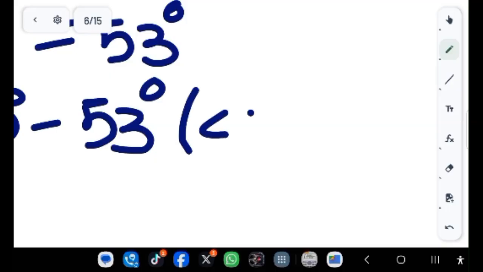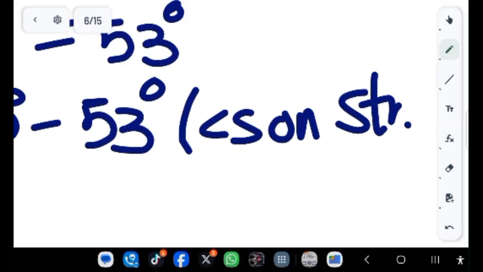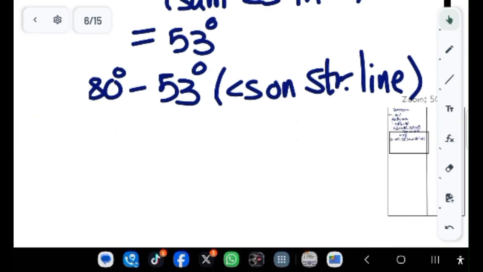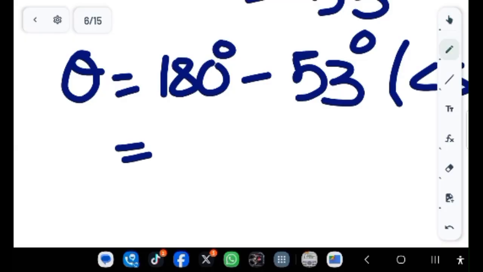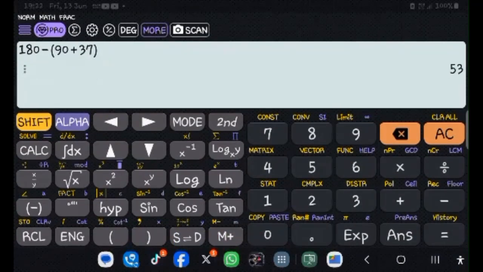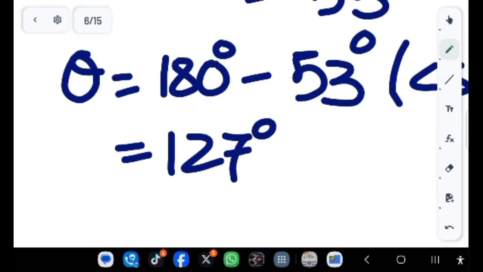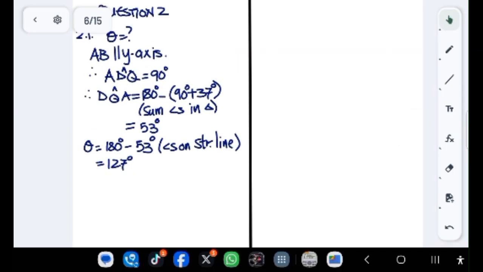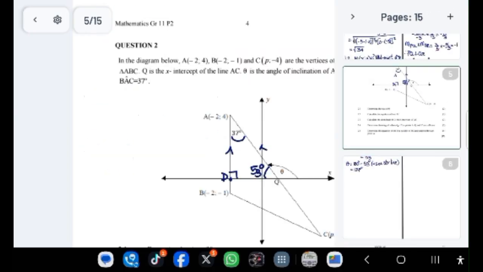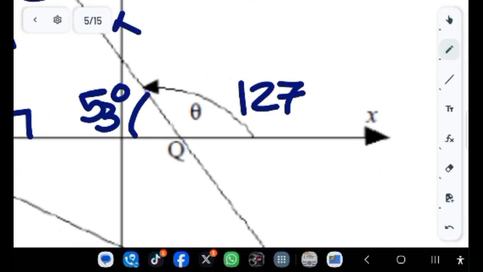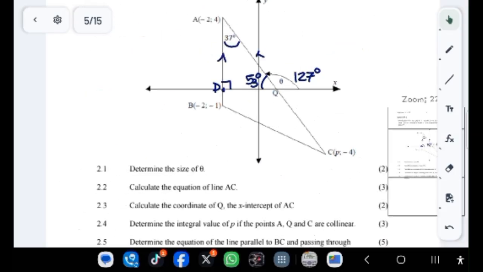And the reason is angles on a straight line add up to 180 degrees. 180 minus 53 will be 127 degrees. And there is the size of theta, 127 degrees.